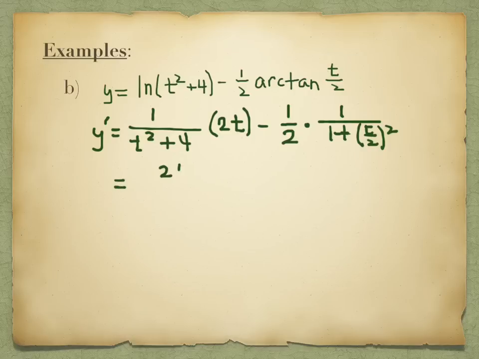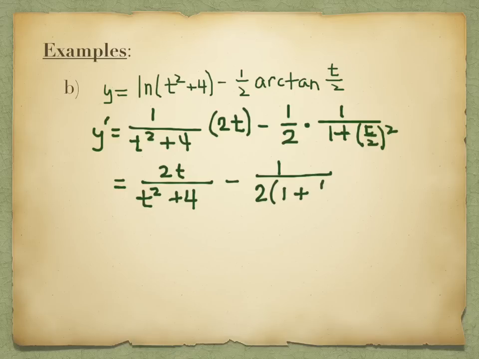So this is 2t over t squared plus 4 minus, and right now I've got 1 over, and I've got a 2 down here, which I'll distribute in a moment, and then I've got 1 plus t squared, and like Cameron said, that's over 4.